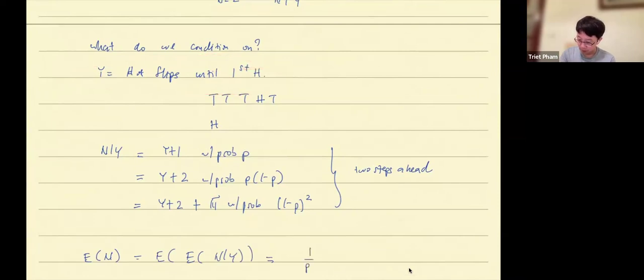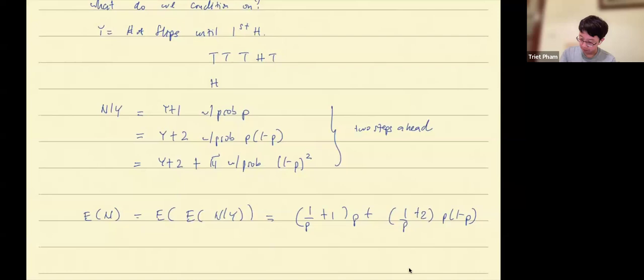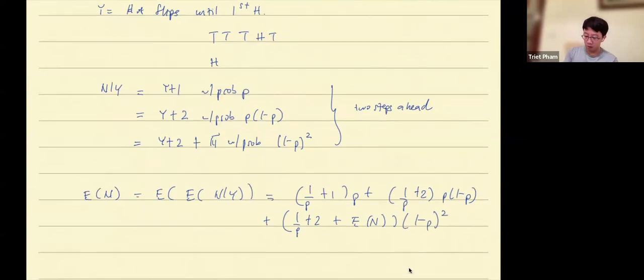Therefore, expectation of y is 1 over p. And then you solve for this, whatever that is. Any question?